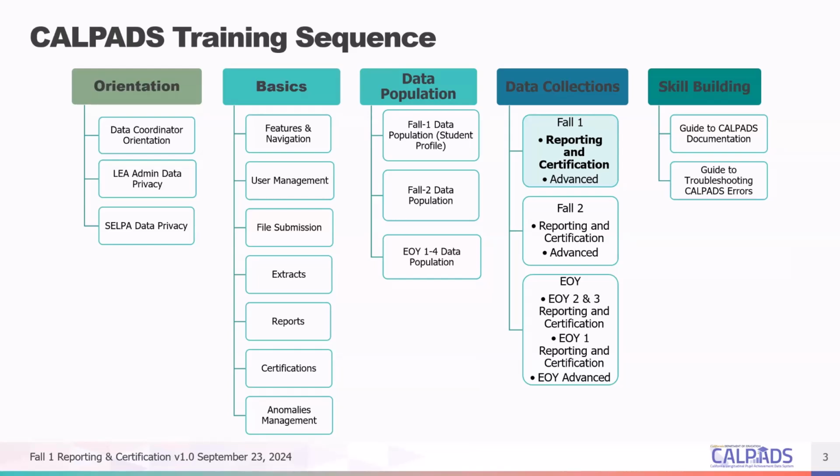You have data population: how to get the data into CalPADS, the reporting rules, the file specifications. And then once you're familiar with the data population, you have reporting and certification. We talk about the end product, the final CDDs and cert errors, the certification process, and the reports.